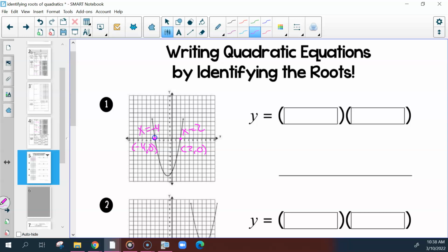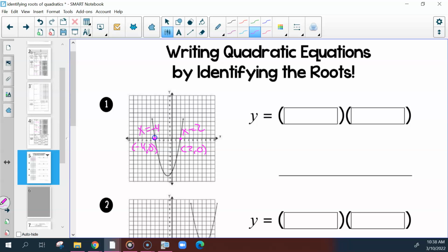So when we write this, we're going to write this in factored form. What I mean by that is when we were factoring, we would get answers at the end. They would be factors. Had we taken it a step further and solved those factors, we would get solutions. In order to write these solutions as factors, we need to take whatever is given and do the opposite with them.